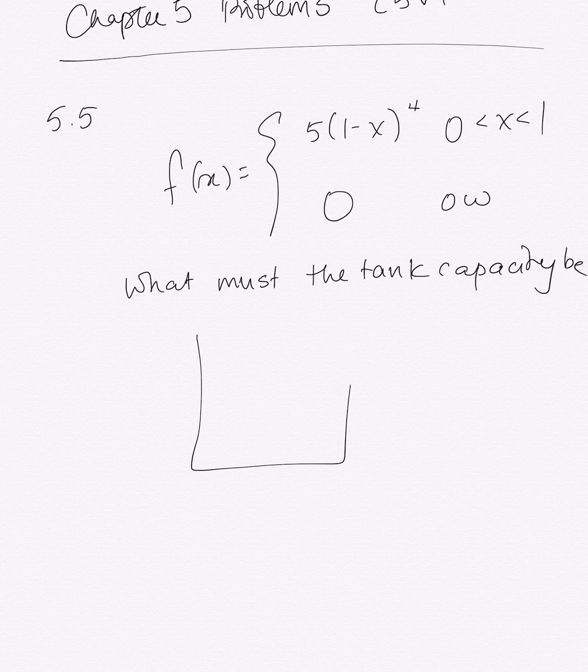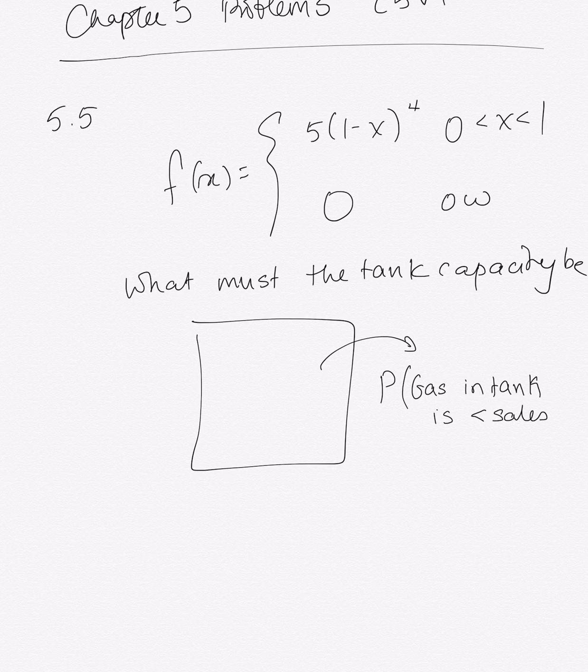So how large should the tank be so that the probability that the gas in the tank is less than the sales is equal to 0.01?